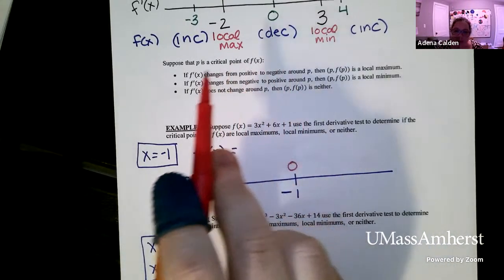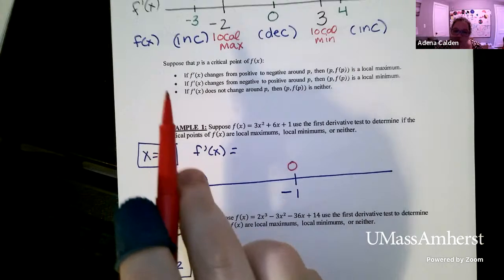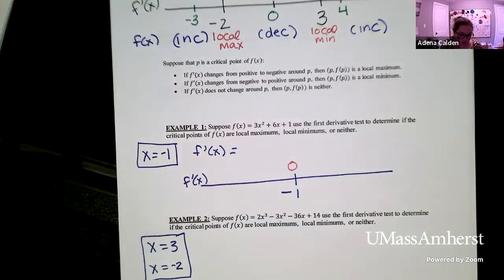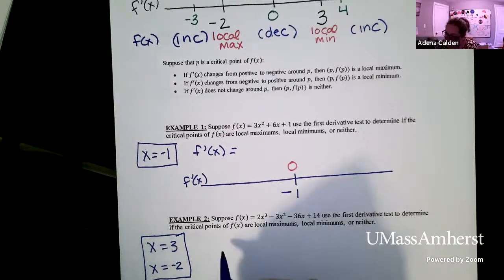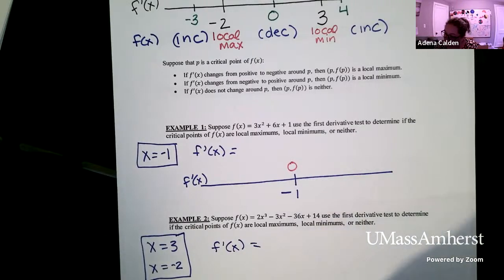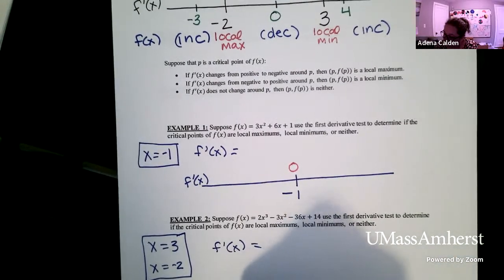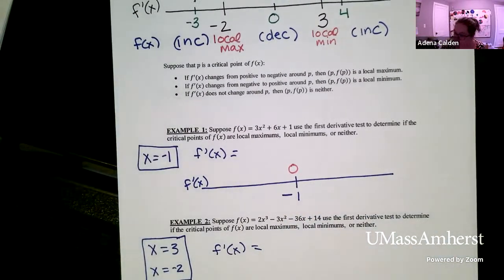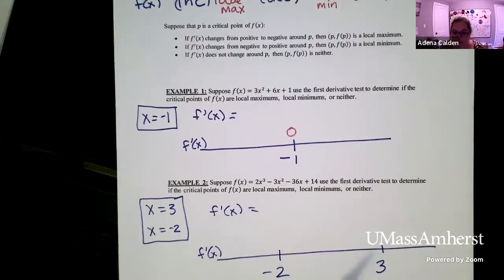Once you've seen how it changes, you can use these 3 statements to make your determination. Then you'll do the same thing for example 2. You're going to find the first derivative, put our critical points on a number line, find the sign on each interval, and use that to classify.